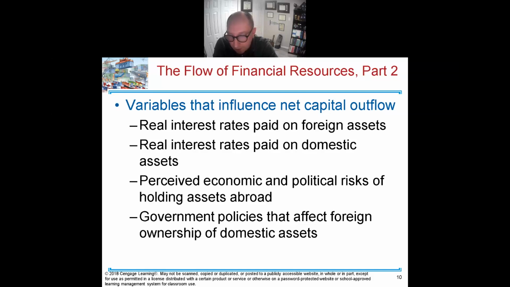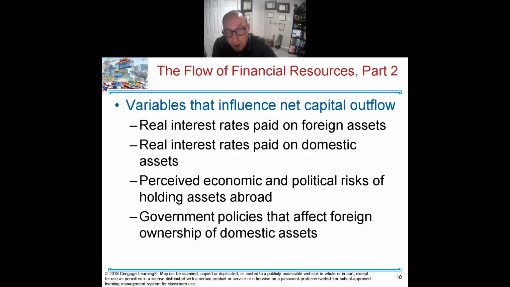In most cases, as a foreigner, if you're investing in China into a business, the Chinese Communist Party, the government in China, receives part of the investment. So that's political risk.